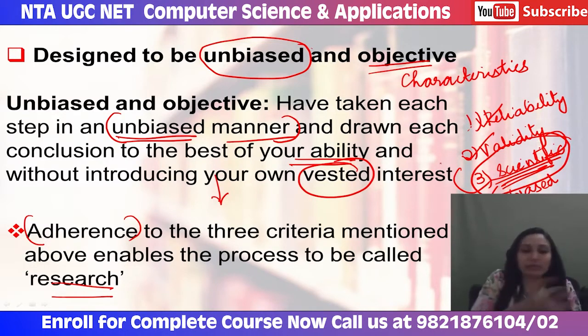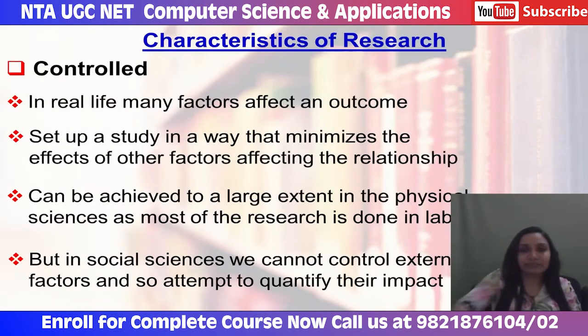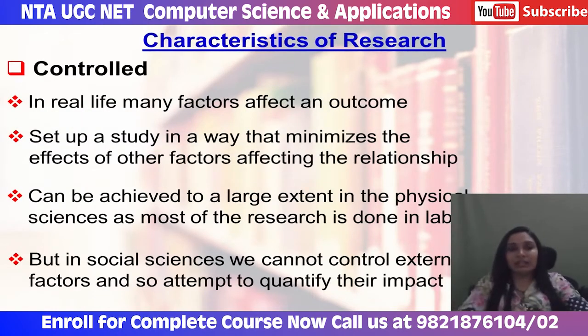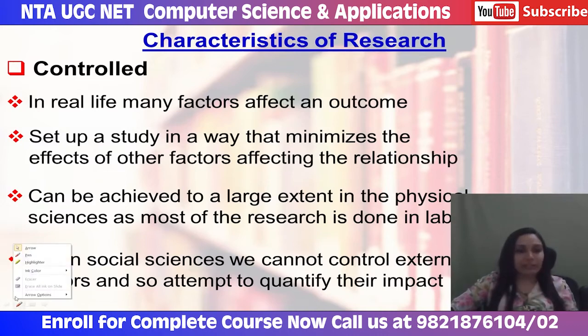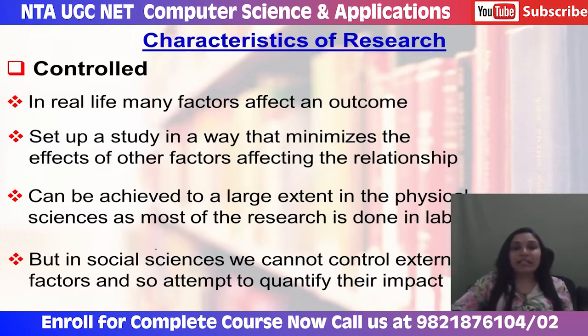Any doubts, you can let me know in the comment section. Now let us come to the characteristics of research in detail. First one is controlled. In real life, many factors affect an outcome, so set up a study in a way that minimizes the effects of other factors affecting the relationship.